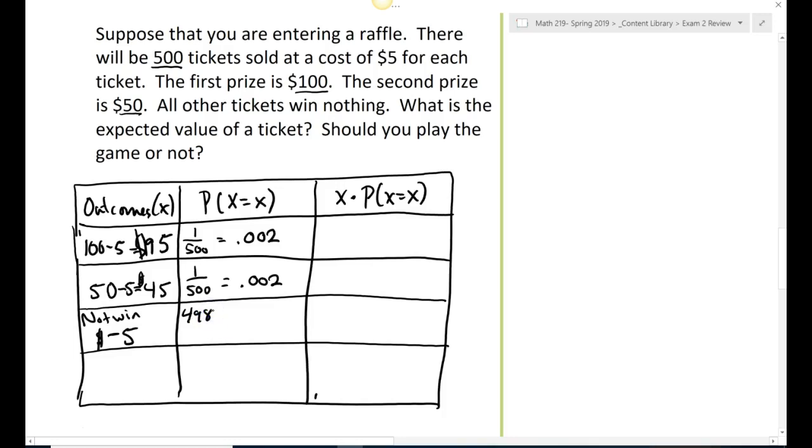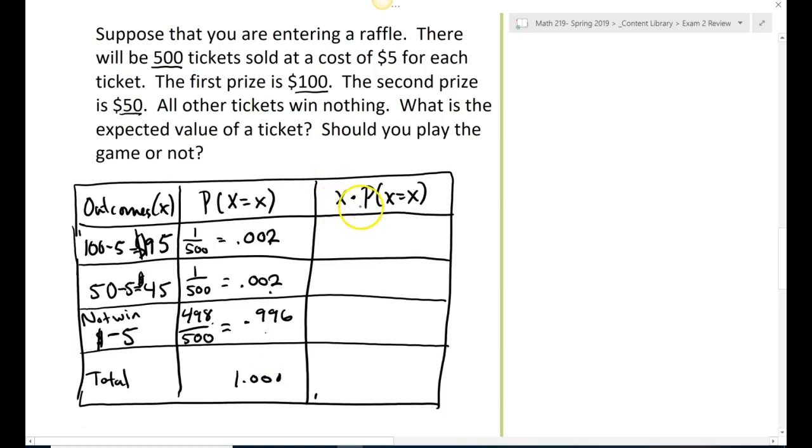That's 500 minus 1 minus 1, everything else that's left, and so that's 0.996. So that's everything. Now I'm going to total it up just to show you that this is a discrete distribution. 0.002 plus 0.002 plus 0.996 is 1. That's everything. We got it all.